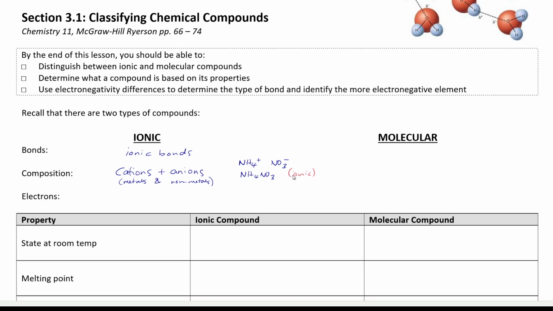However, it's still an ionic compound because it is made up of a cation bonded to a negative anion. So the forces of attraction between the positives and the negatives cause these two to bond. The electrons are typically transferred so that one species becomes positive and one species becomes negative.